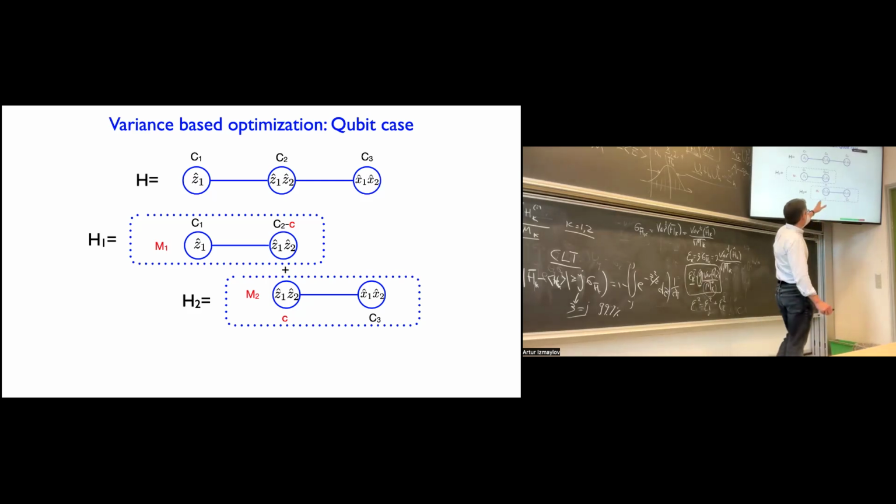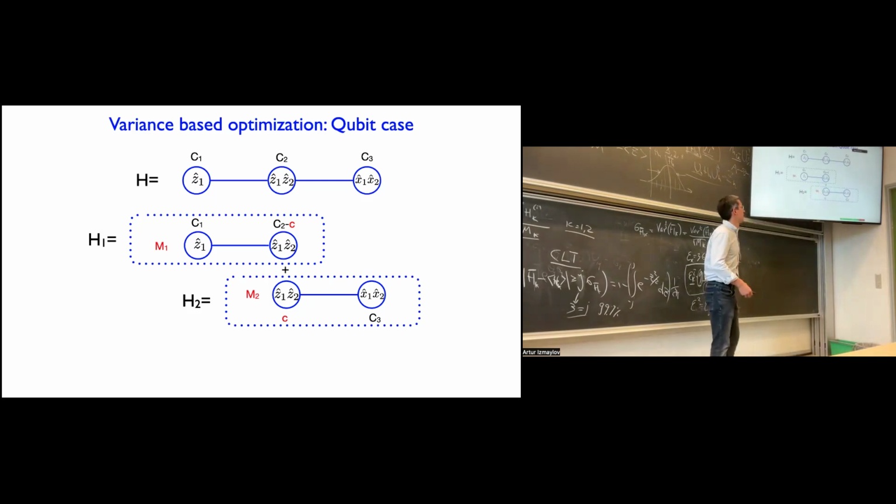But the middle guy could go into two groups, right? And the only condition on the coefficient with which it enters the second group and the first group is that they need to sum up to its coefficient in the Hamiltonian, right? So we could use this split of the middle Pauli so that we could minimize the variance, essentially.